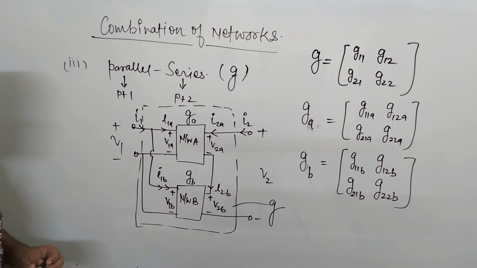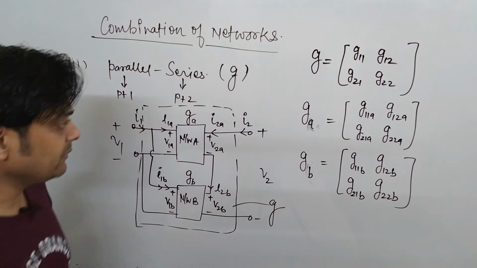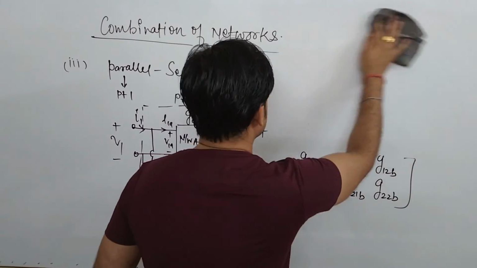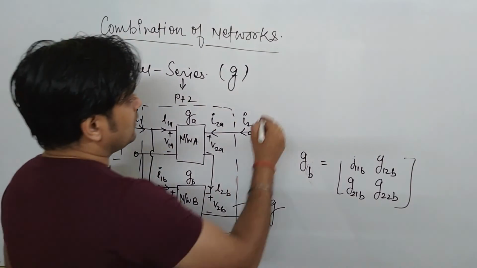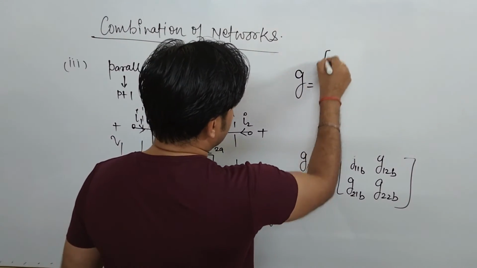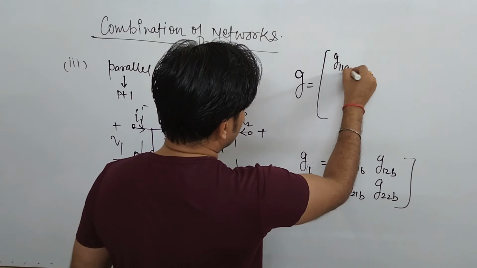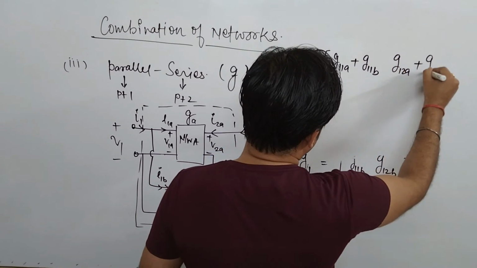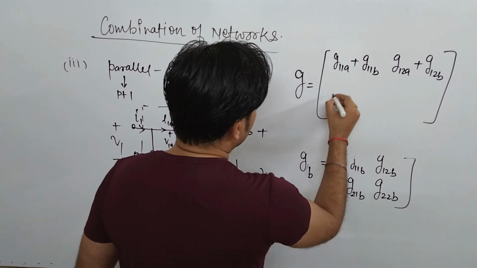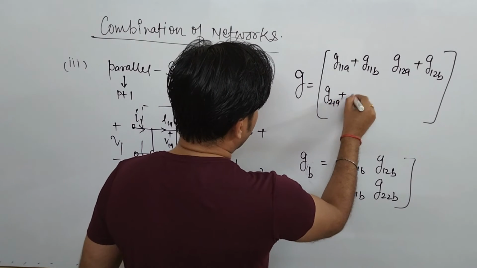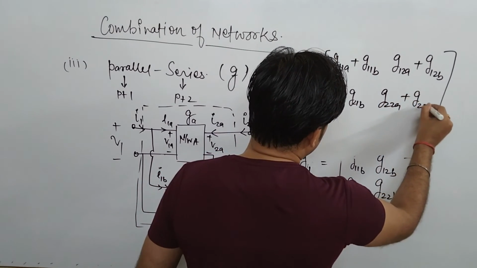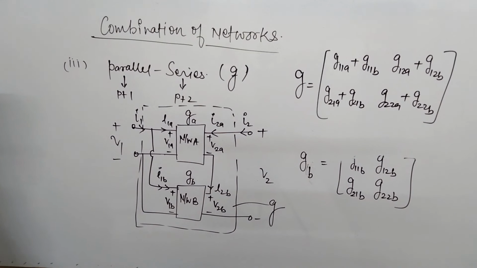So now if you find the final parameters, what does that come to be? The final G matrix comes to be G is equal to G11A plus G11B, G12A plus G12B, and so on. This is the final G matrix.